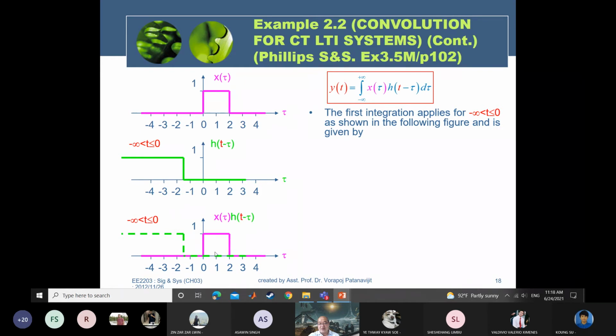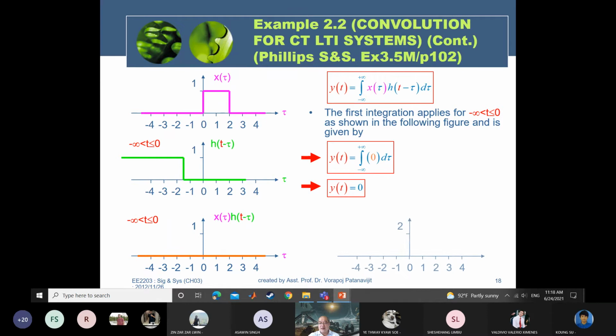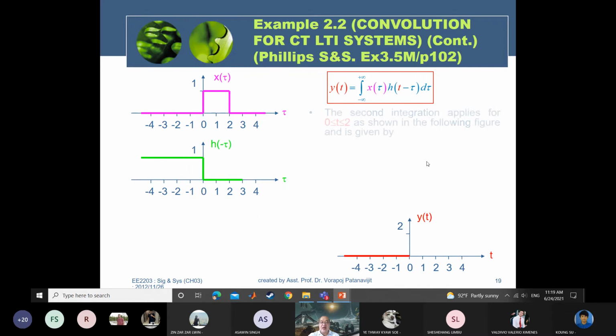And for time greater than 0, the green equals 0. Multiplied by anything, it gives you 0 again. You integrate 0, it gives you 0. Therefore, y(t) equals 0 for time less than 0, minus infinity to 0. y(t) equals 0.